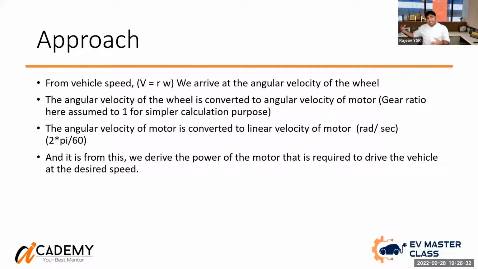You already have torque, so you adjust the angular velocity to get your power requirement, or you understand what power is required to run at a desired speed, because you already have the traction motor's torque.